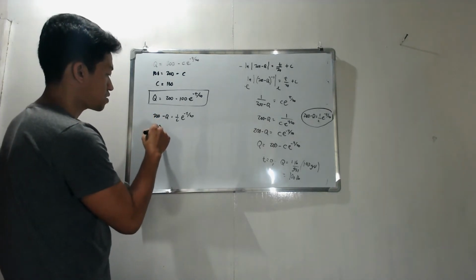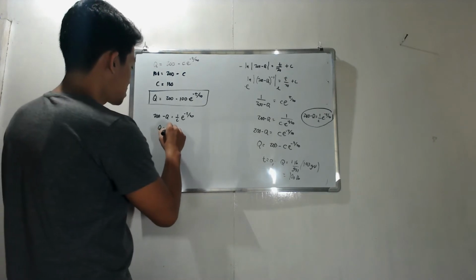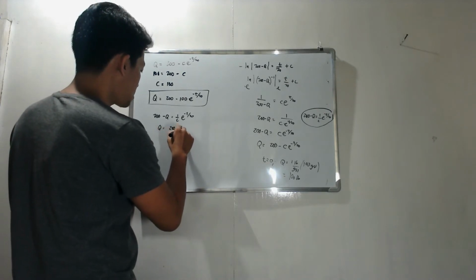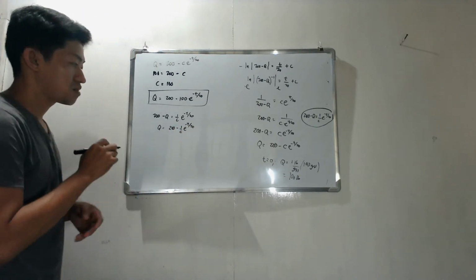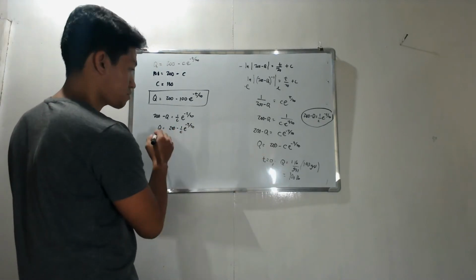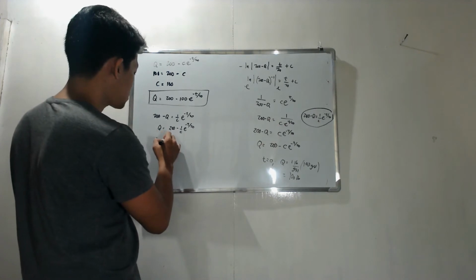Therefore, your Q is just 200 minus 1 over C e to the negative t over 20. Substitute the boundary condition.